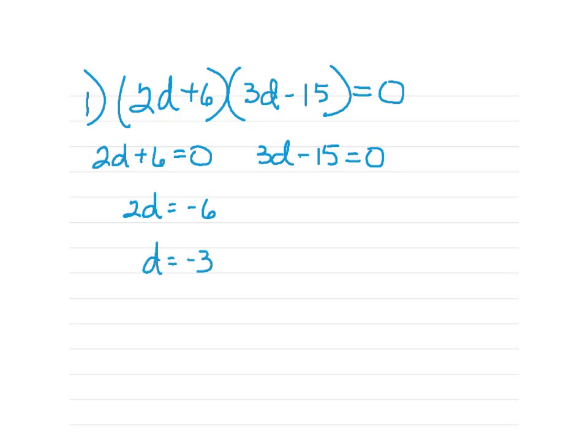Here we'll add 15 on both sides, so 3d is equal to 15, and divide both sides by 3, d is equal to 5. So therefore, the roots, or the solutions, we're going to call them the roots of the equation, are negative 3 and 5.